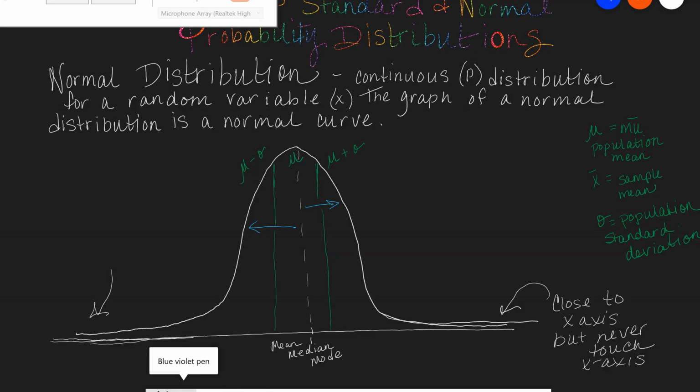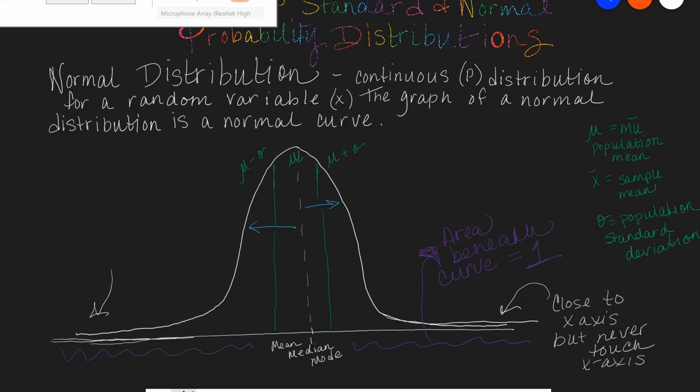And probably one more awesome characteristic is that the area beneath the curve is always equal to 1. Why?